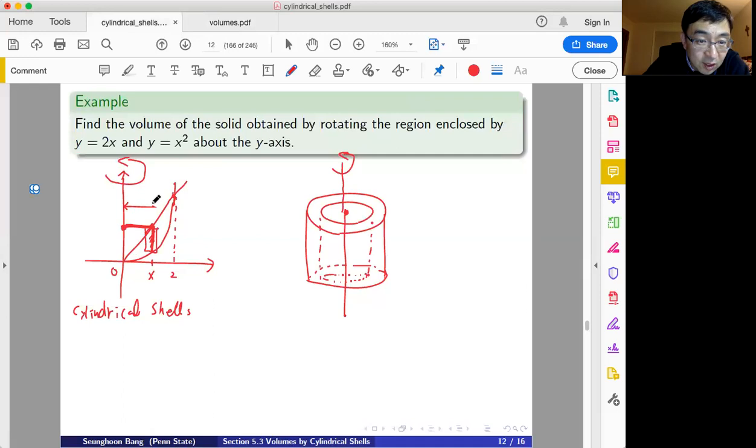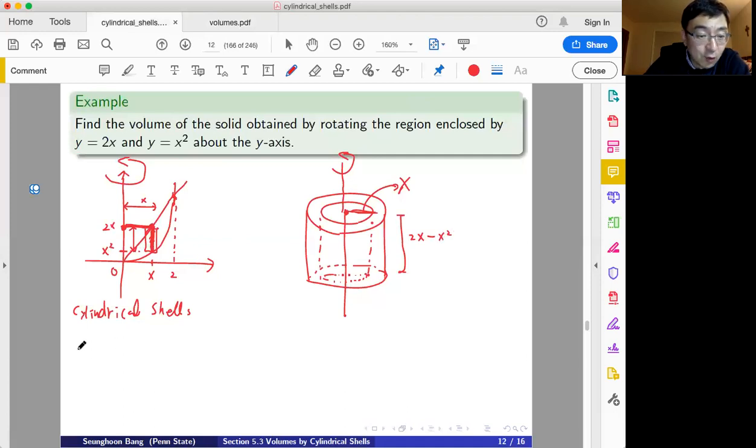This radius is exactly x. So the radius is x. What's the height? The height is this one. So exactly this function value on the line 2x, minus the function value on the curve x squared. The height is exactly 2x minus x squared.